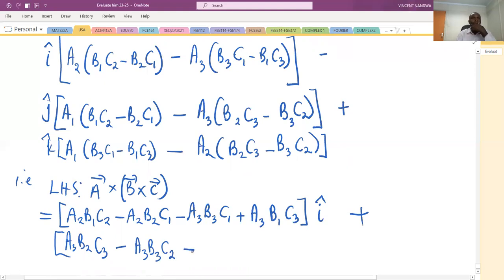Now minus A1B1C2, plus now A1B2C1, of course this is now negative, so this will be plus.